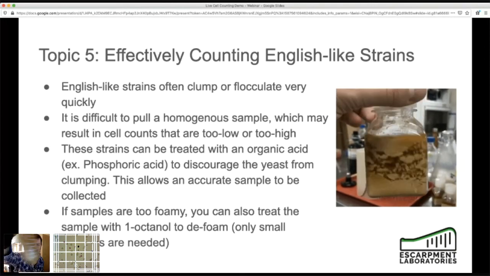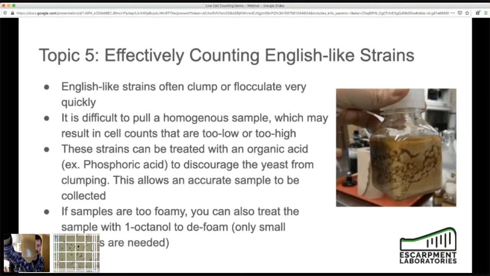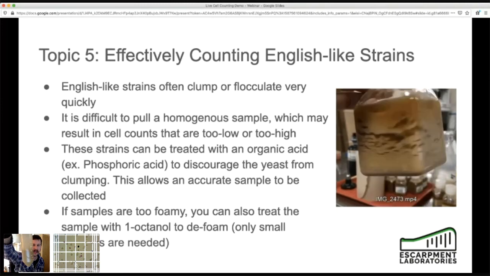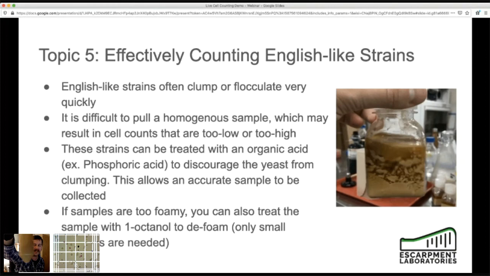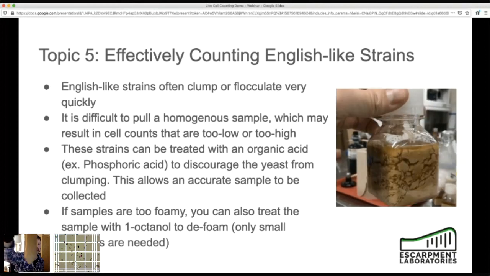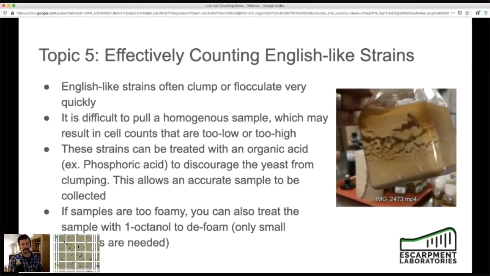And now we can see the sample isn't clumping, isn't flocculating anymore. So we can actually pull a more homogeneous sample and get a better cell count from that.